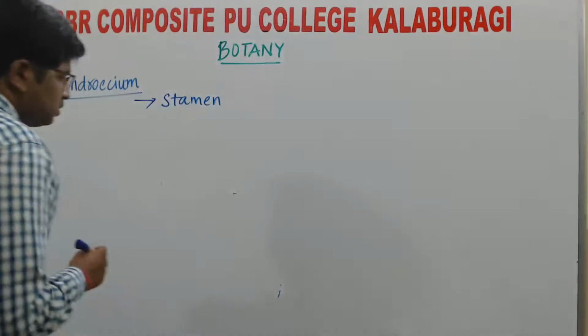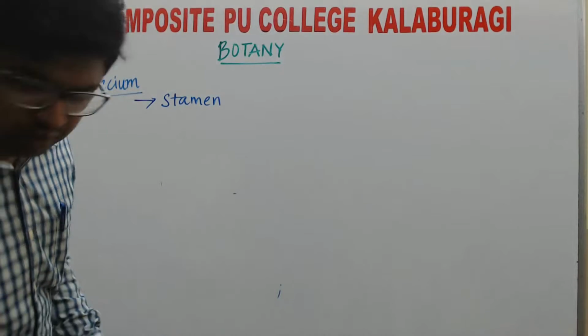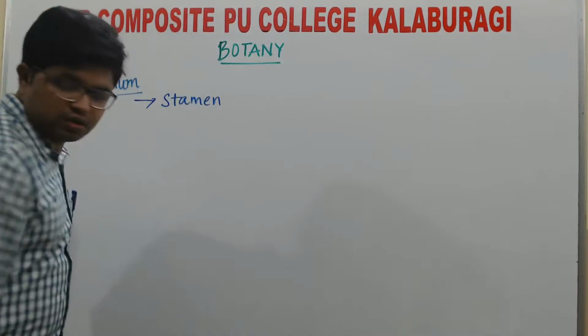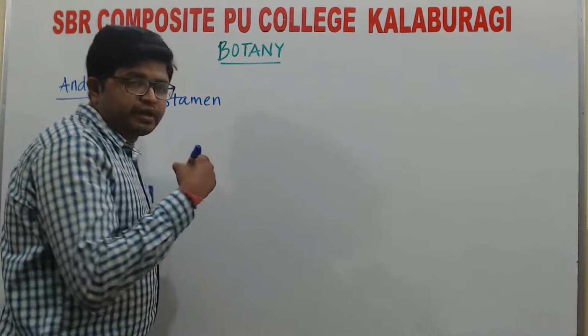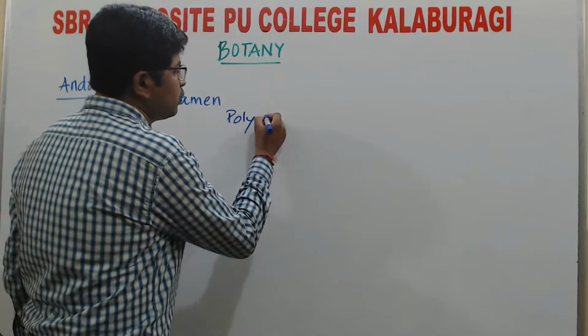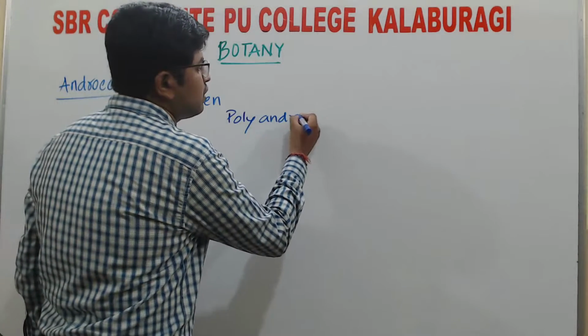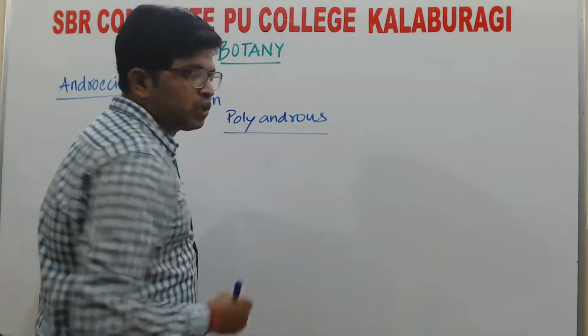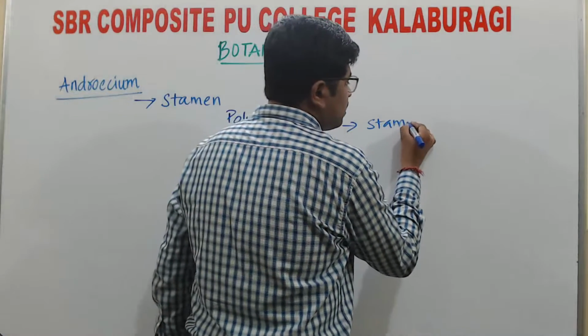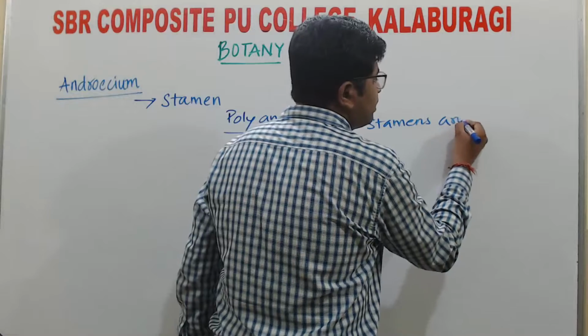When they are free, we call it polyandrous. Polyandrous is when the stamens are free.